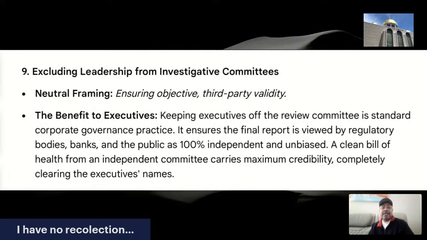A clean bill of health from an independent committee carries maximum credibility, completely clearing the executives' names. So we have every opportunity to do what's necessary in order to make sure that the organization itself is credible, and that the people attending this meeting maintain their honor and their integrity.